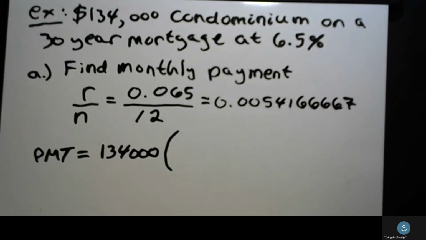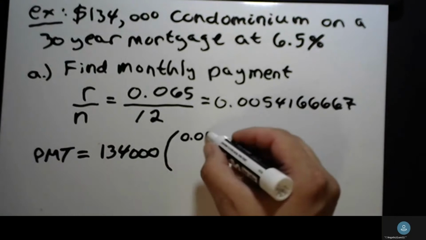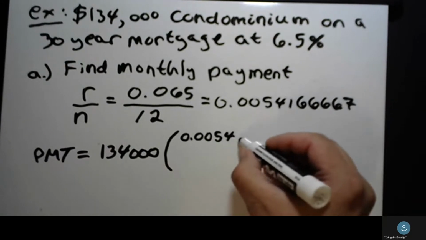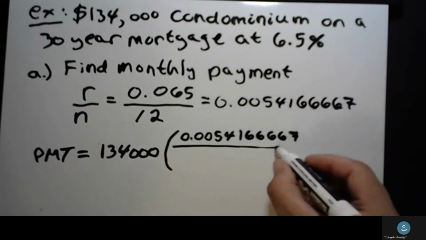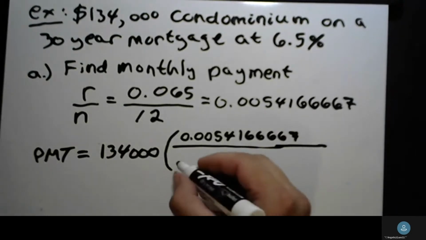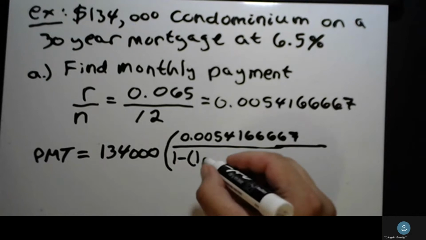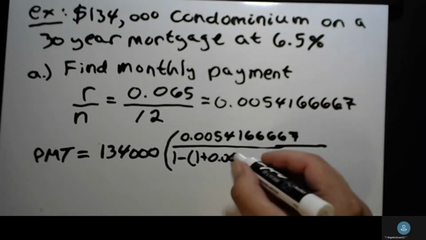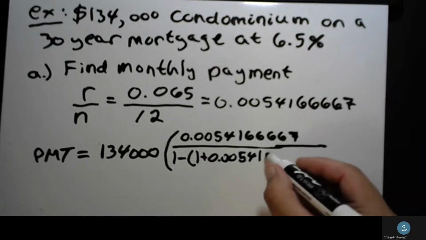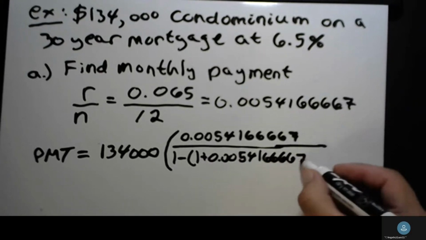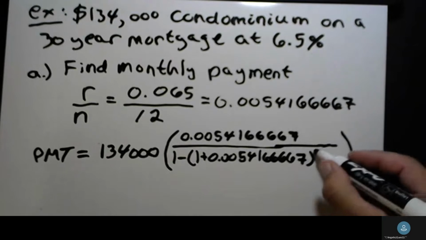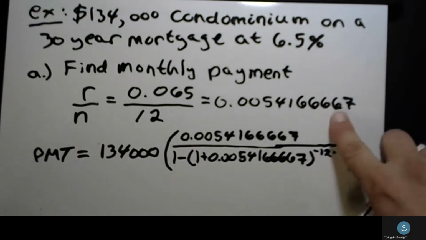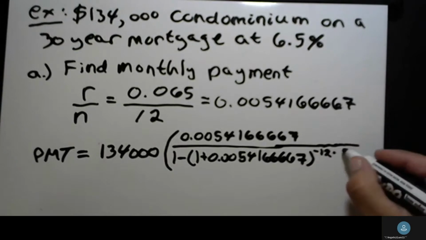And so we're dealing with the selling price minus down payments gives us that 134. And then NT is minus 12 for N times 30.